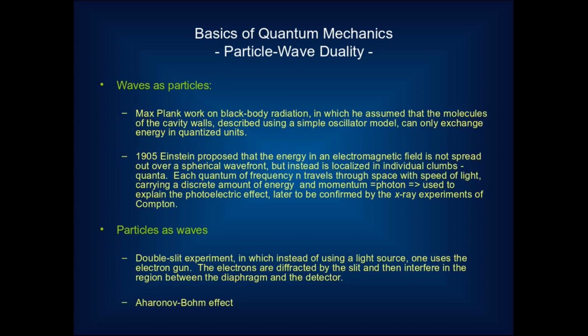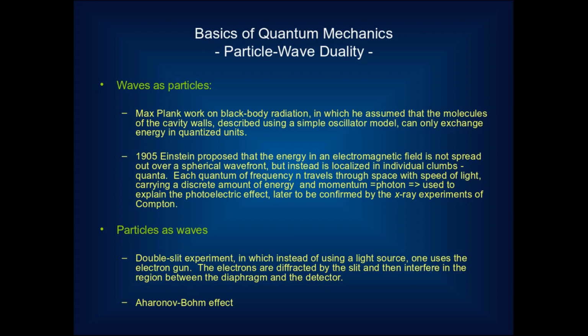Taking examples of waves behaving as particles, Max Planck worked on black body radiation, in which he assumed that the molecules of the cavity walls, described using a simple oscillator model, can only exchange energy in quantized units, which means the radiation behaves as a particle.